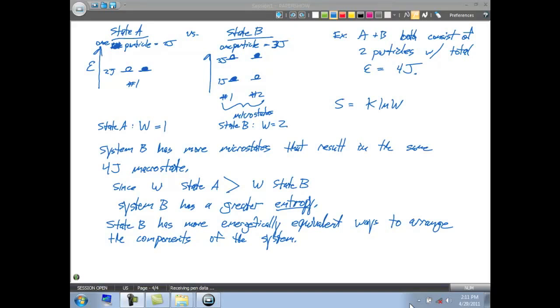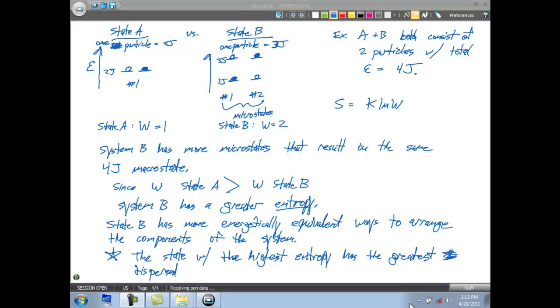And a very, very important concept that we can take away from this is that the state with the highest entropy has the greatest dispersal of energy.